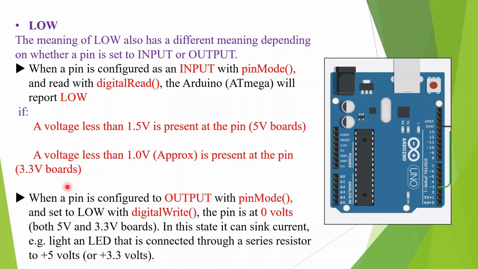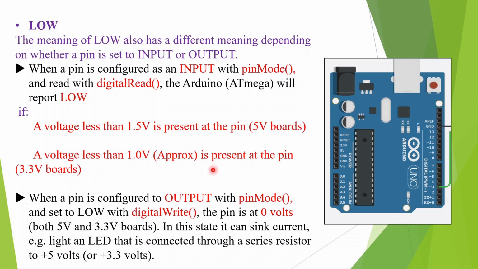When the pin is configured as an output with pinMode and set to LOW with digitalWrite, then we set 0 volts on that pin, meaning it will automatically be 0 volts for both the 5 volt and 3.3 volt boards. So when we are taking data from other devices on a 5 volt board, whatever voltage is received on that pin that is less than 1.5 volts will be indicated as LOW.